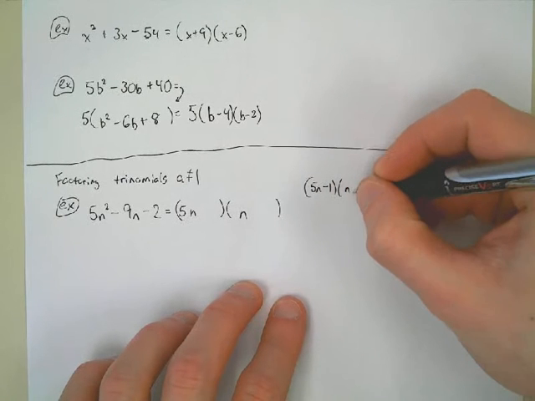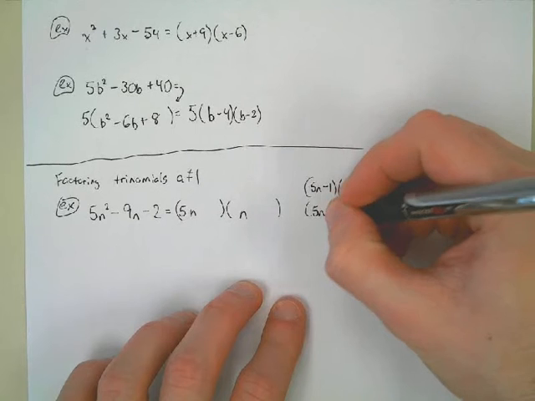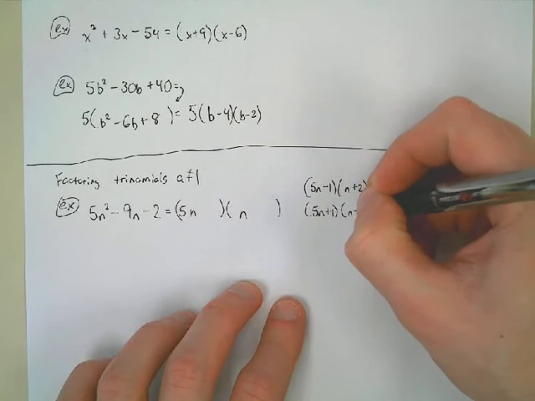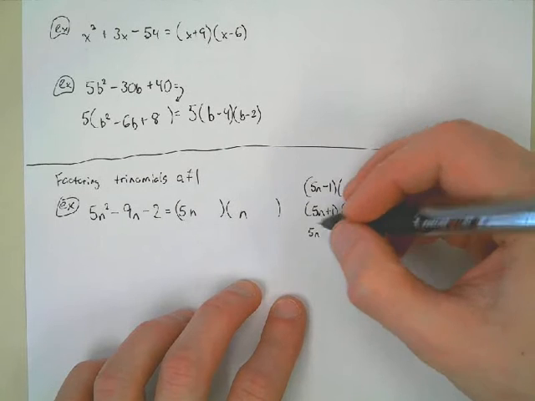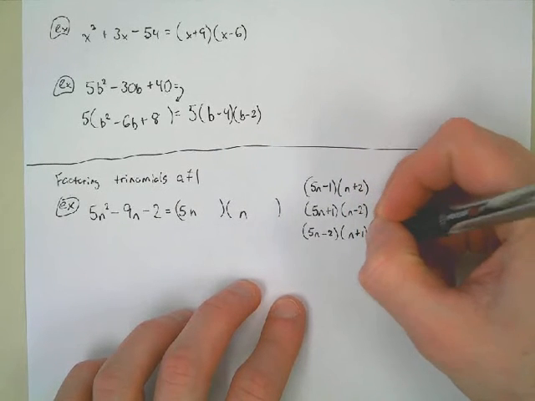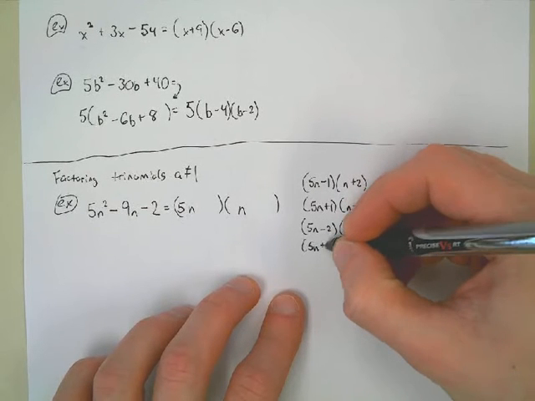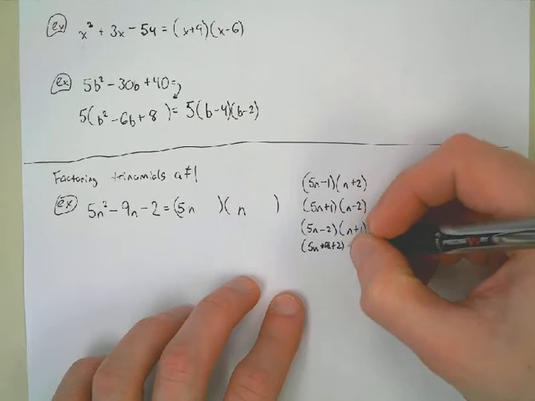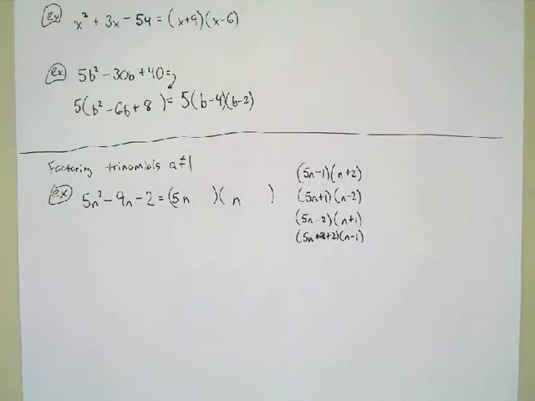I could write 5n plus 1, n minus 2. I could write 5n minus 2, n plus 1, or I could write 5n plus 2, n minus 1. Oof. So which one is it? Which one gives us the right one?